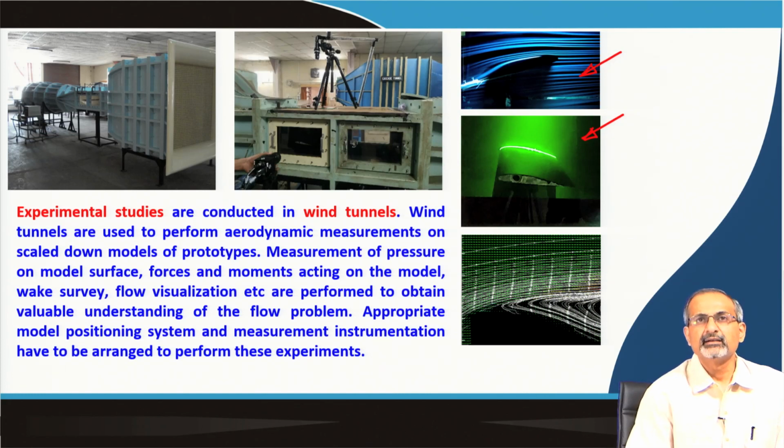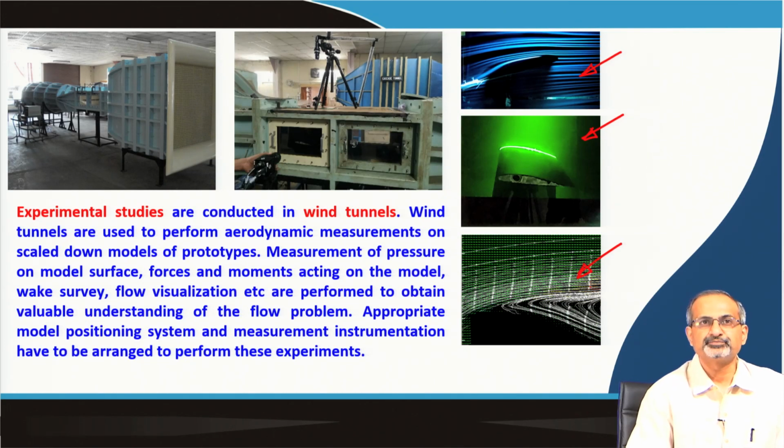So, here an airfoil section has been inserted into the test section of this wind tunnel. It has been illuminated with a laser sheet, and then the particle image velocimetry system has been used in order to acquire a series of images, and then they have been post-processed with suitable software in order to acquire the velocity vectors.